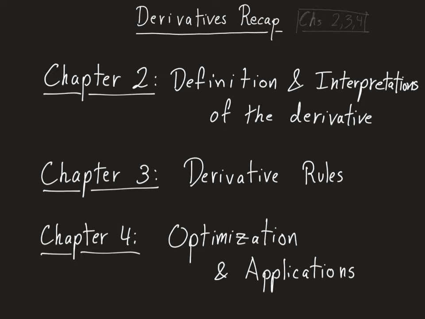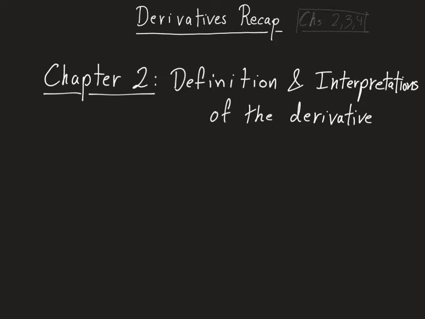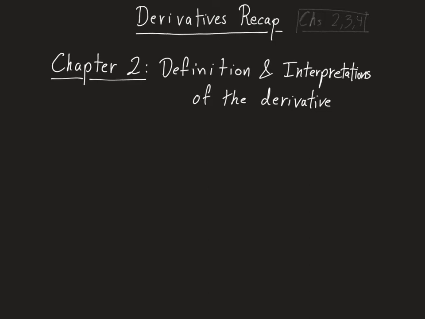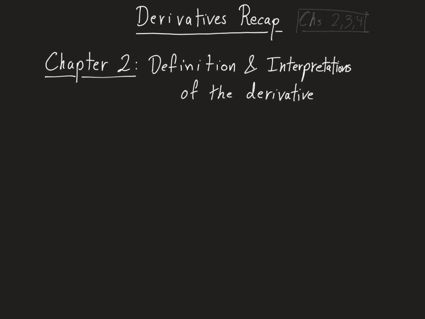I'm going to go over each of these individually, but I think it's important to leave them all out here to see how we progressed through this course. Let's start with chapter 2. Chapter 2 covered the definition and various different interpretations of the derivative.